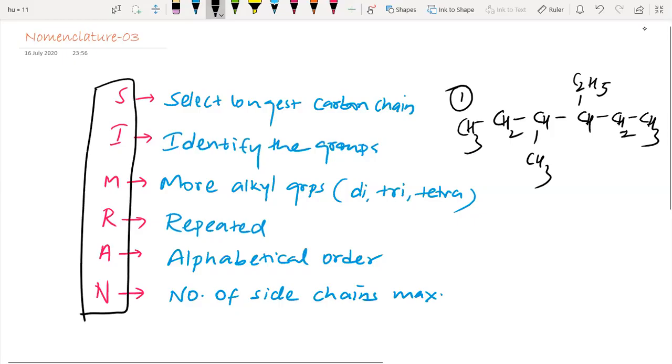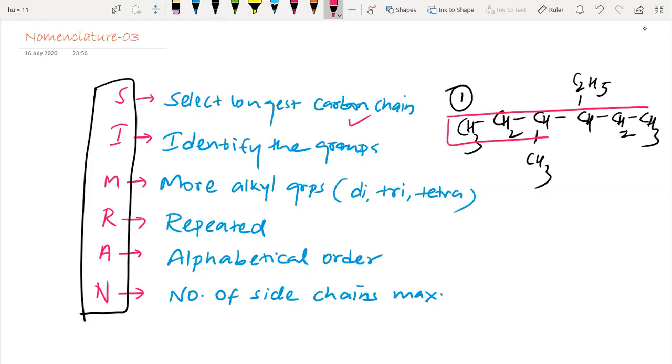So the very first thing is to select the longest carbon chain. So the longest carbon chain is this. Now what? Identify the groups. So ethyl, methyl.